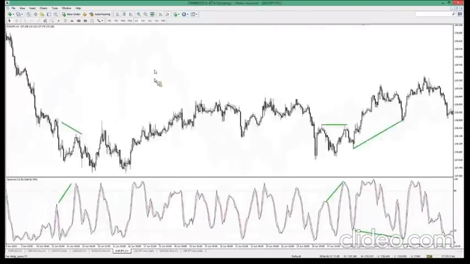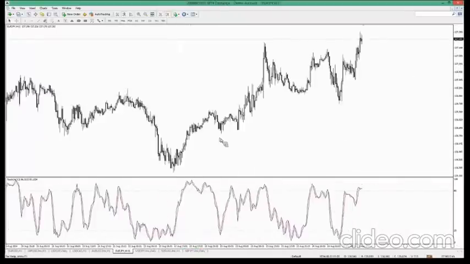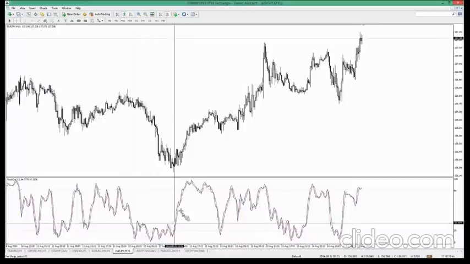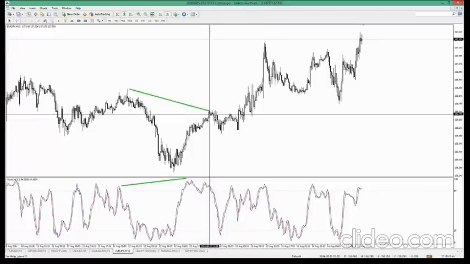So pretty straightforward, I think. Any questions, guys? We can use it on a 15-minute chart as well. Obviously you need to understand the smaller the time frame, we are getting chopped up.